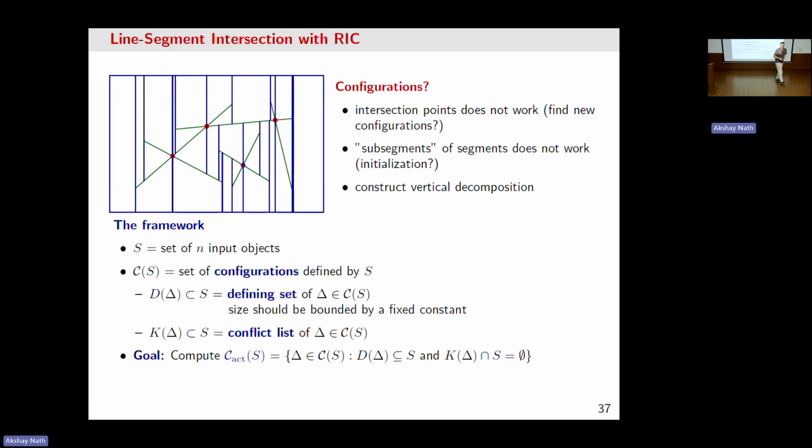You also see, maybe again, that the same set actually defines a number of different configurations. Like in this case, this single segment, it defines this. It also defines something here.